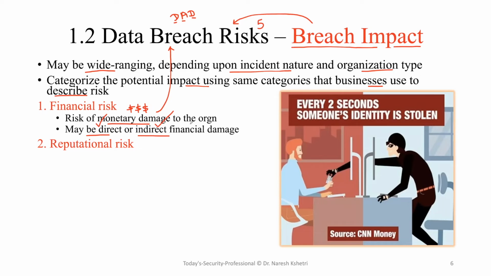The second is reputational risk. Obviously, there is negative publicity when some data is breached, or when somebody withdraws money from your account, say, from a bank like Bank of America or US Bank. That breach causes loss of goodwill among the customers, that means among the customers of Bank of America.